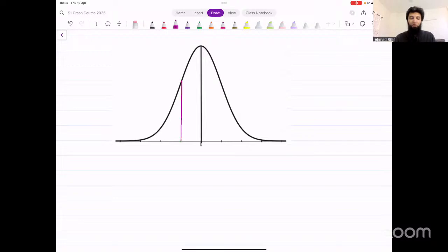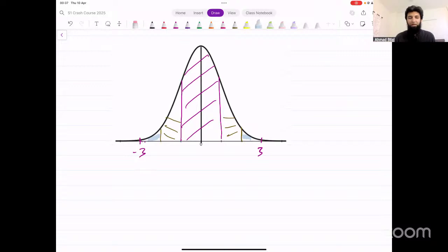And even if it was to meet at -3 and +3, still that would not make sense, because close to the mean we have bigger area. As we go away from the mean, the areas become smaller. These are smaller areas. This is even smaller. So we can't divide those probabilities equally, right?